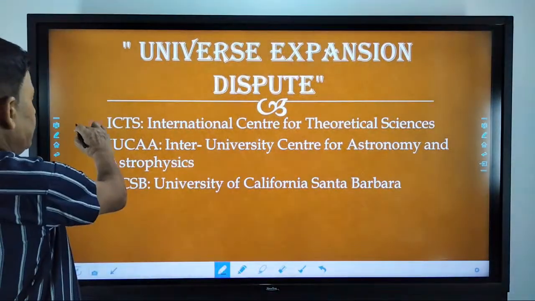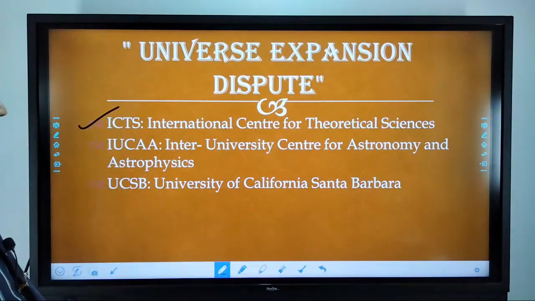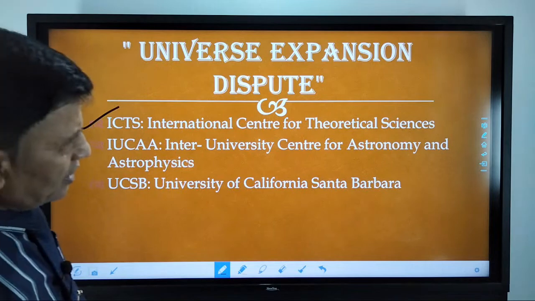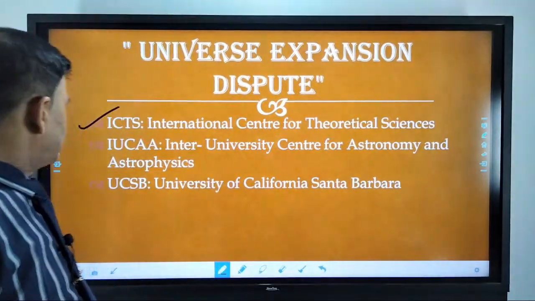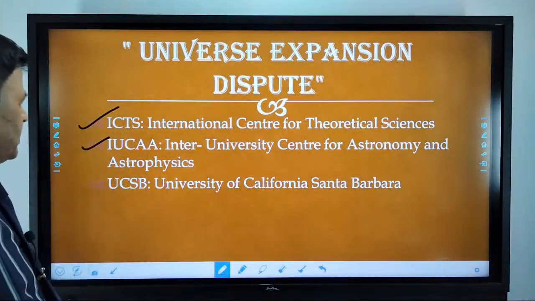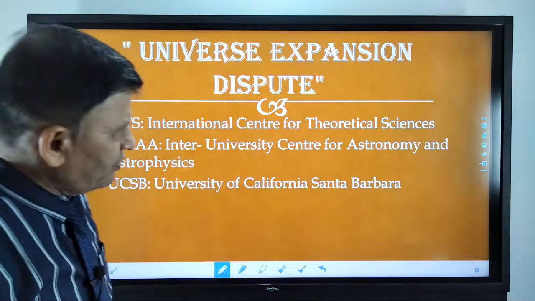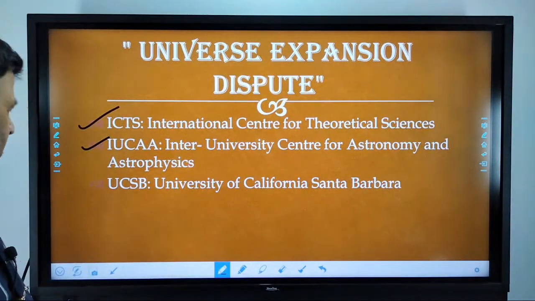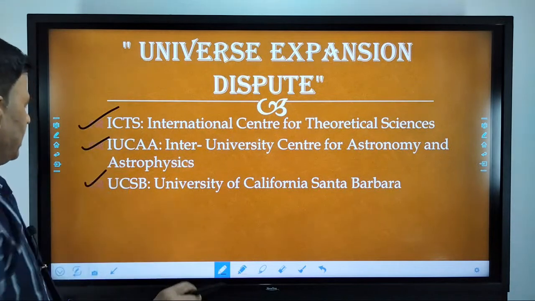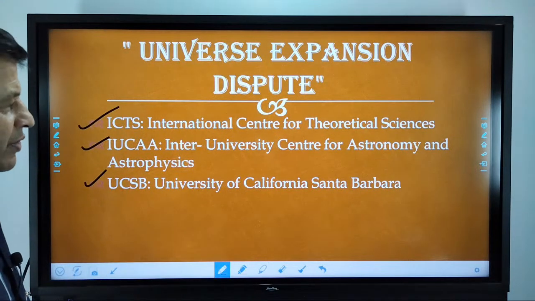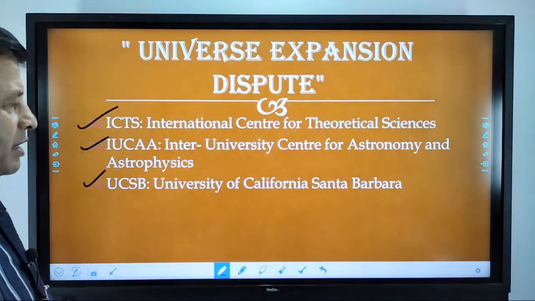So these are the abbreviations: ICTS, International Center for Theoretical Sciences. Next, IUCAA, Inter-University Center for Astronomy and Astrophysics, and UCSB, University of California, Santa Barbara.